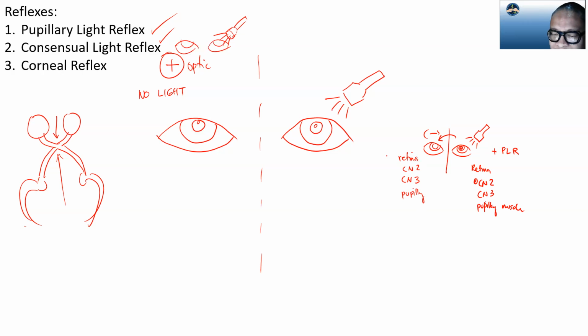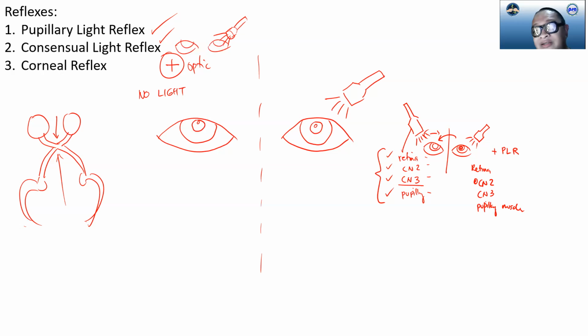So how can you know which one here is the main problem? Okay? So you can check. You can check for visual acuity. You can have tests for your retina. You can check for your cranial nerve 3. You can do your own pupillary light reflex here. Is your pupillary muscle contracting? Is your eyelid elevating?